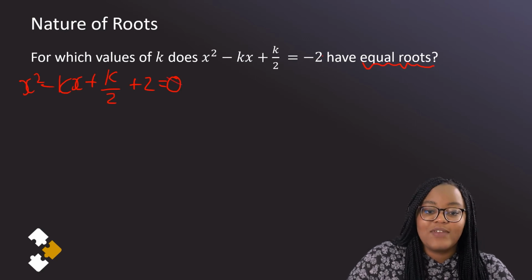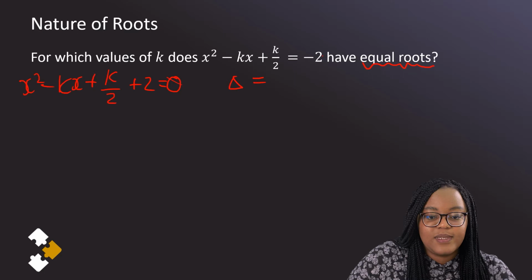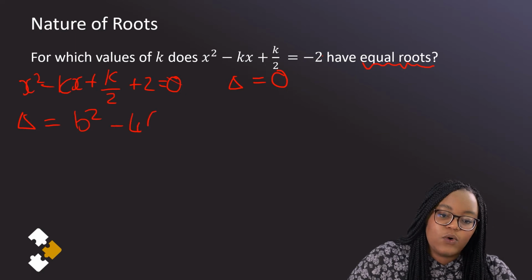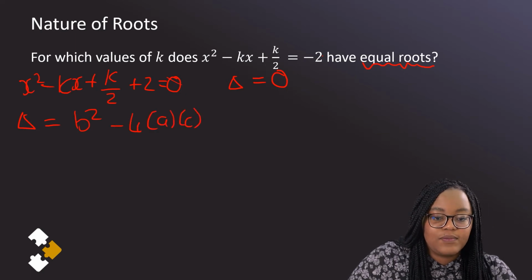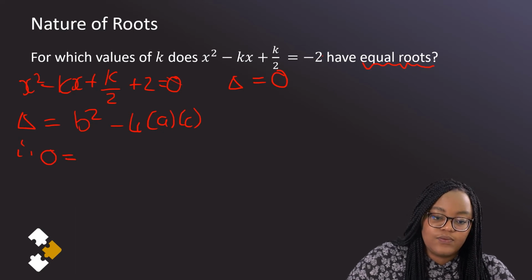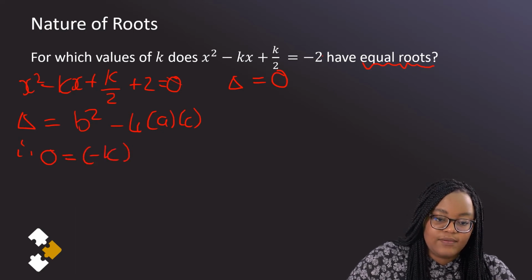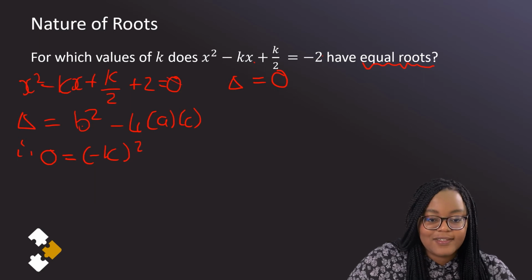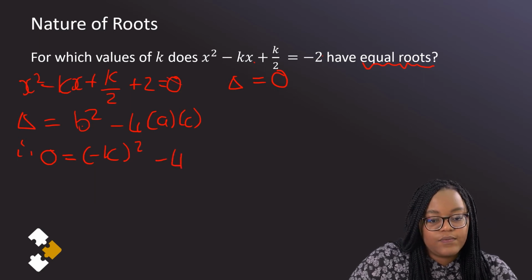And we know that where we have equal roots, delta is going to be equal to 0. Delta, as we heard earlier, is equal to b squared minus 4ac. Therefore, in this equation, 0 has to be made equal to negative k squared, because our b value is the coefficient of x, minus 4a, which is the coefficient of x squared, in this instance being 1, and c.